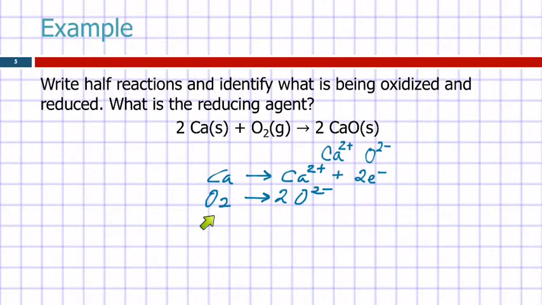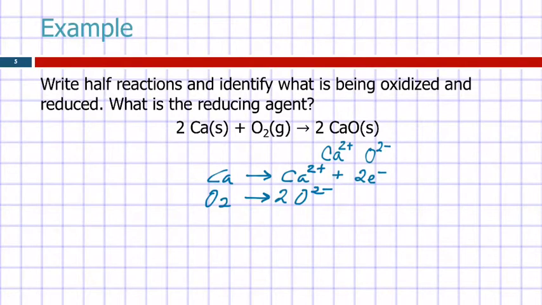What charge do I have on the left side? 0. And what total charge is on the right side? -4, right? Because each of these oxygen ions has a -2 charge, and there's 2 of them. So that tells me that this must have gained 4 electrons.